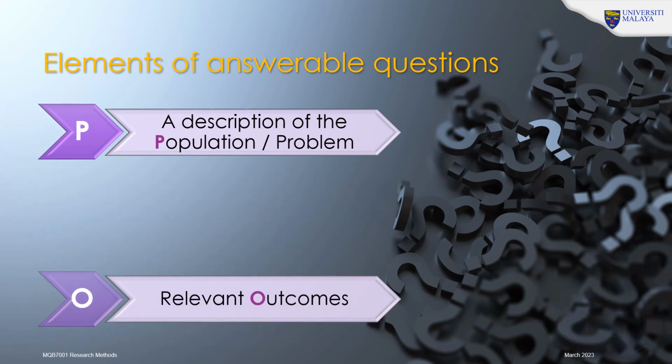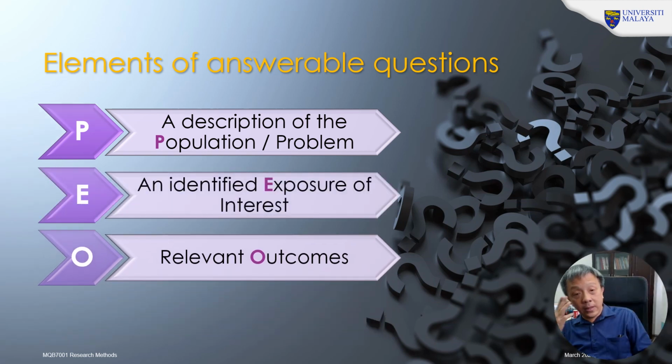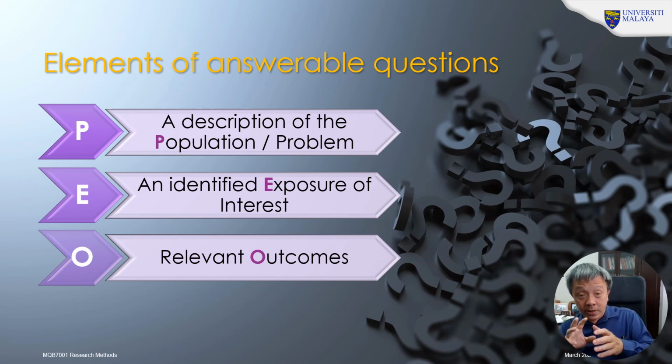Of course, in epidemiological research, usually we don't look at intervention or control. We look at more of exposure. If you're exposed to something, what are the outcomes? The exposure can be, let's say, as we discussed earlier, occupational hazard in the workplace, correct?